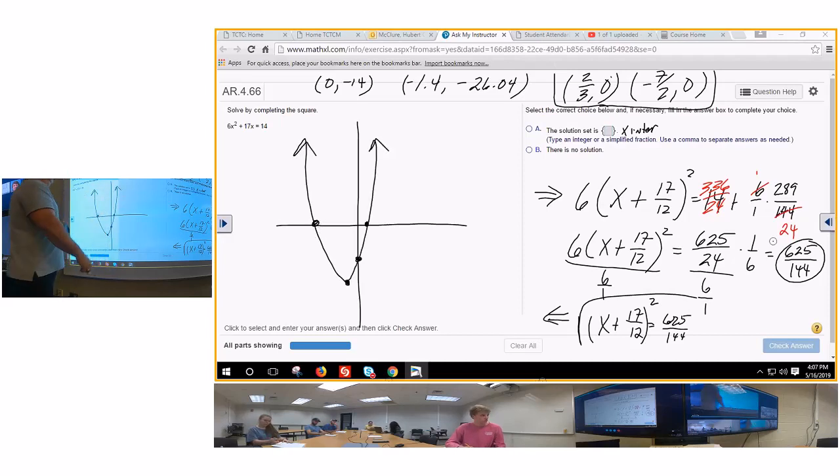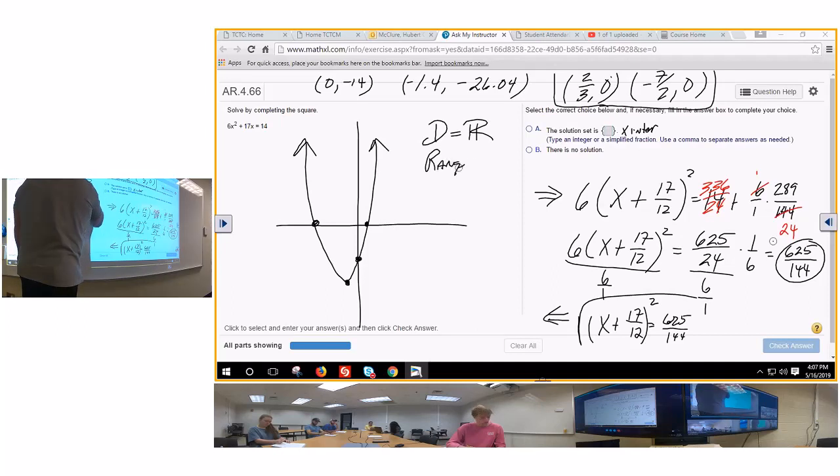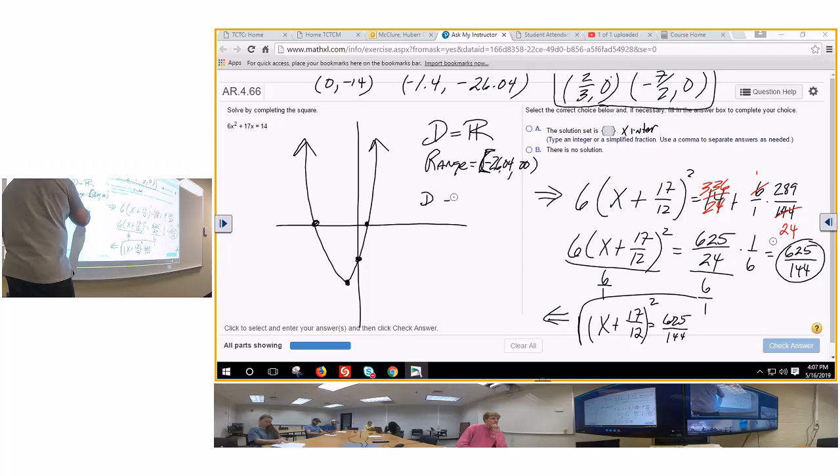It's open upward. And that means the domain is all real numbers. Range is from where? Negative 26.04 to infinity. And then our decreasing is from negative infinity to negative 1.4.